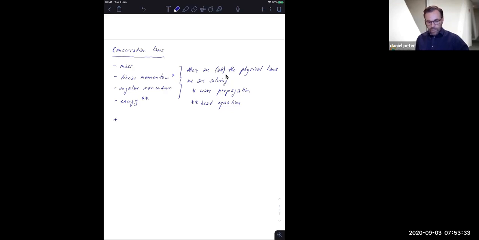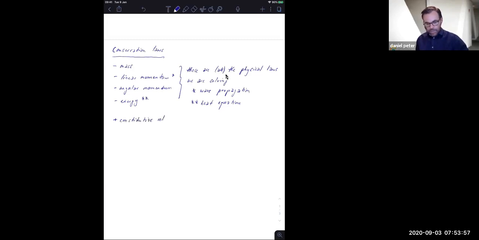So these are the conservation laws, and then in order to, for example, solve the wave propagation, we also need constitutive relations, basically. So it's conservation laws plus constitutive relations.